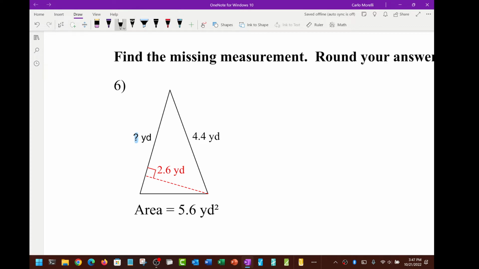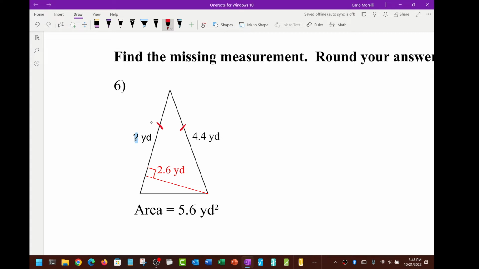So I'm going to write the formula out and include the information that we have. But before I do that, I want to point out that this information right here is what we call extraneous or irrelevant, like extra. Now, this triangle looks like an isosceles triangle. But it's missing these symbols.